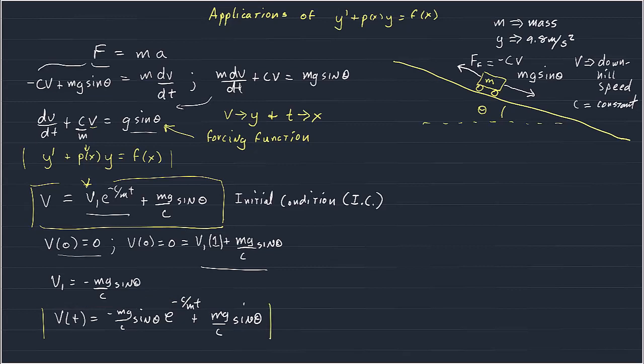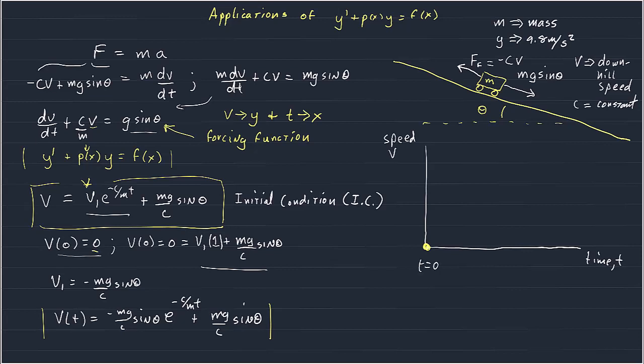And so let's sketch this and see if we can gain some intuition for what this is telling us. So here's the time axis, t, and this is our speed axis, v. And again, at time t equals 0, we start off with 0 speed, right?